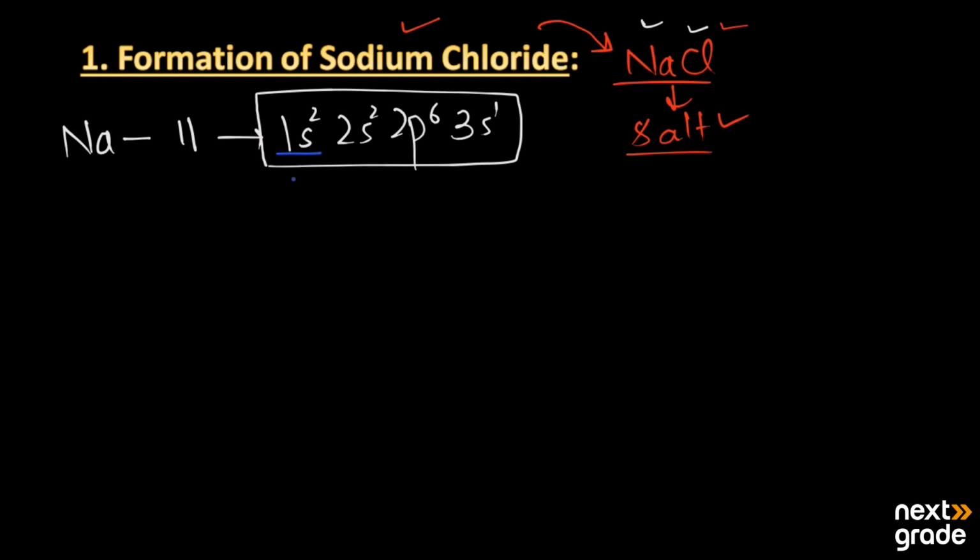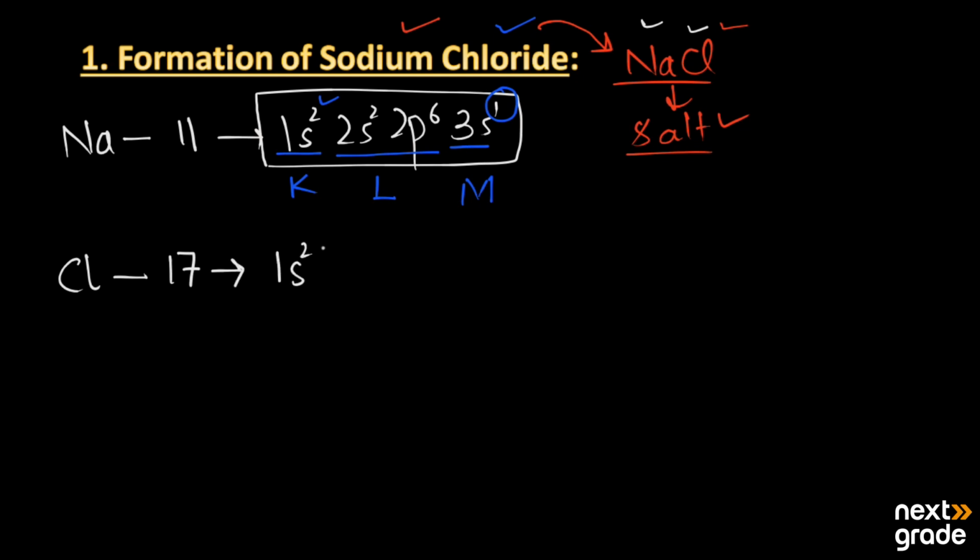Its first shell is K, having 2 electrons. The second shell is L, having 8 electrons, and the third shell is M, having only 1 electron. On the other hand, chlorine has the symbol Cl and atomic number 17, so it has 17 electrons.